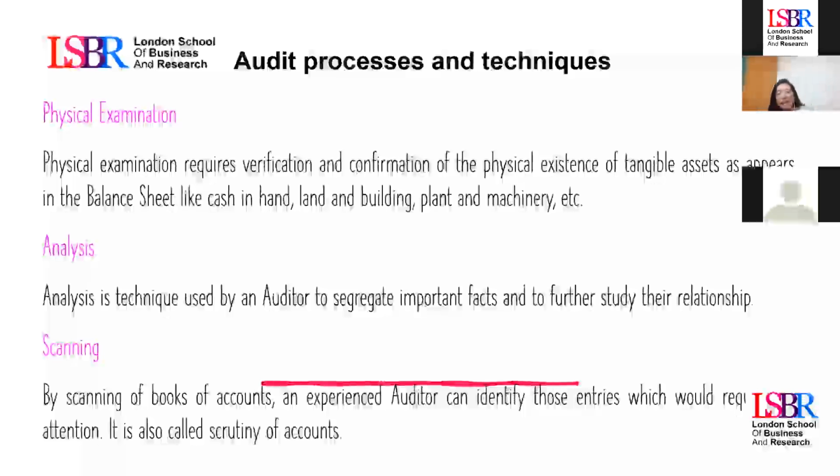Analysis is when the auditor considers external factors to get a result. For example, some companies have a very heavy season in December because of Christmas, this kind of celebration.